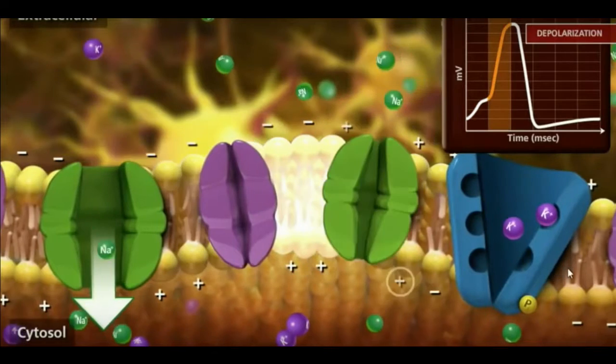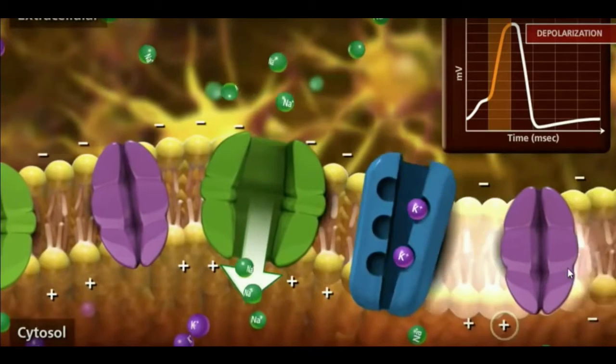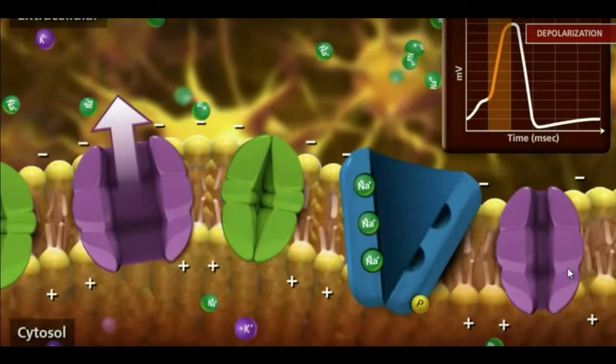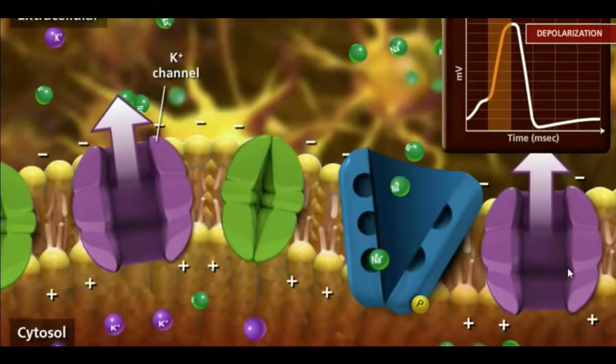That phase is called the depolarization. And the depolarization literally is the influx of sodium ions, the influx of positive charge into the cell. The influx of positive charge makes the voltage more positive. So that's why it goes up in millivolts up to this peak. That's the depolarization phase. What we'll also see is the repolarization phase.